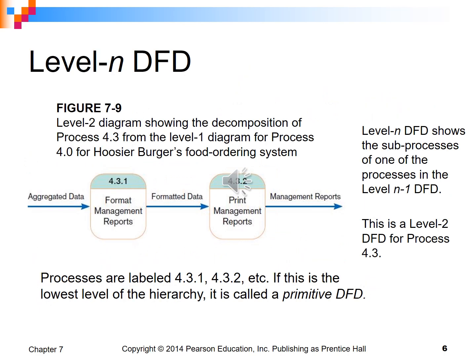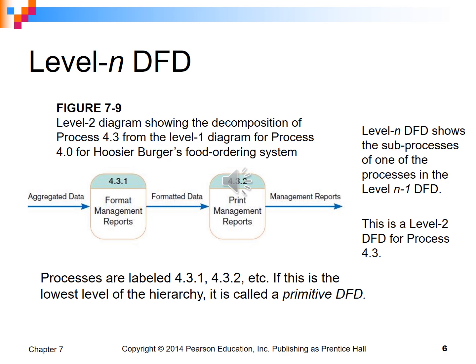Okay, let's look at the 4.3 entity or process in the previous diagram. It has one input, the aggregate data, and one output, the management report. That one we decompose into 4.3.1 and 4.3.2. If you look at those numbers, 4.3.1 is the first entity at this level, which is level 2, and the 3 is from level 1, and the 4 is from level 0.